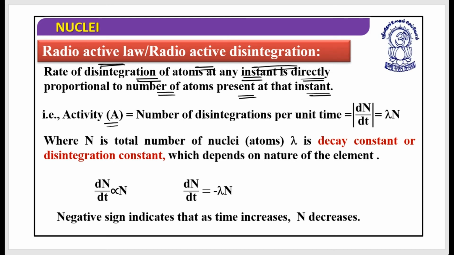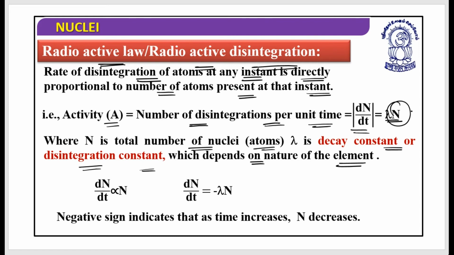So activity A equals the number of disintegrations per unit time, denoted by dN/dt, which equals λN, where N is the total number of nuclei and λ is the decay constant, or disintegration constant, which depends on the nature of the element.